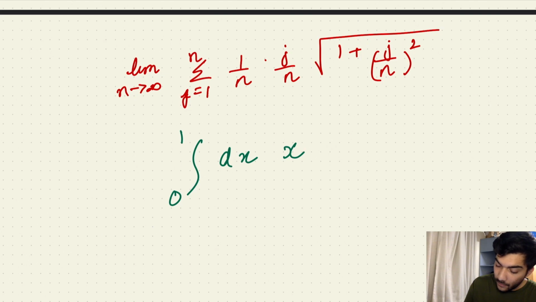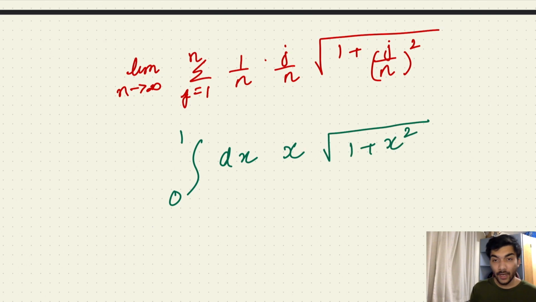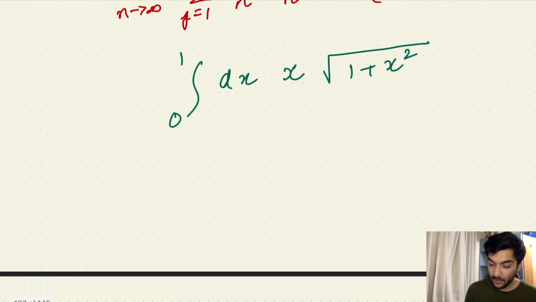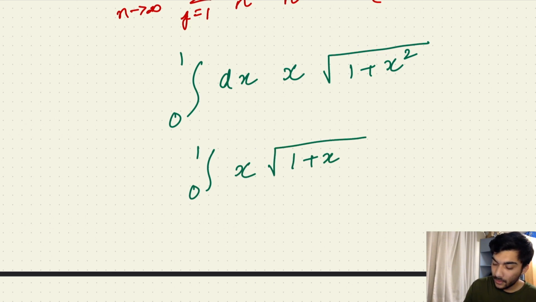So our j over n would become x, and this would become 1 plus x squared, right? So now if we simplify it and write in the correct form, just by rearrangement, we can write this as x times the square root of 1 plus x squared times dx, right?